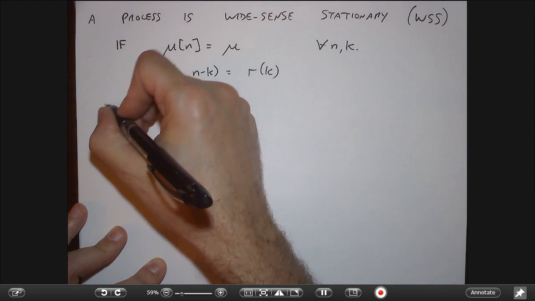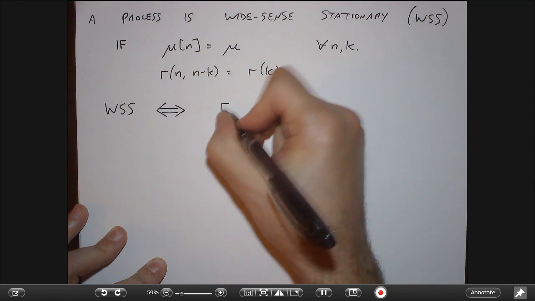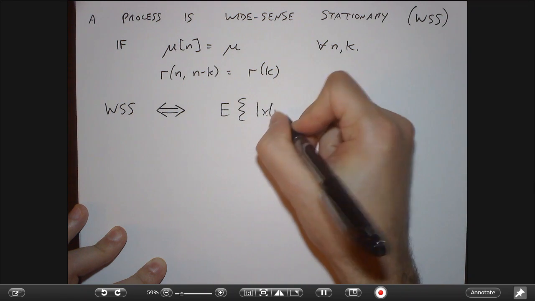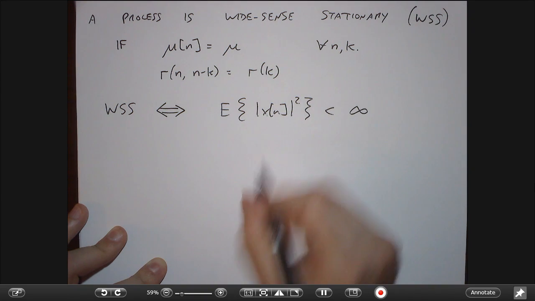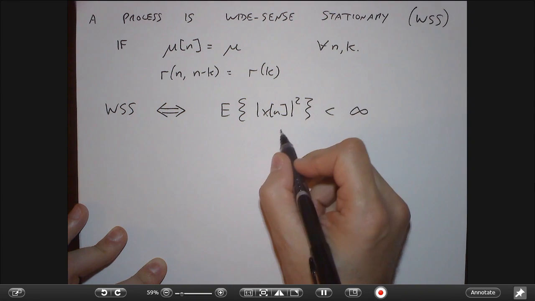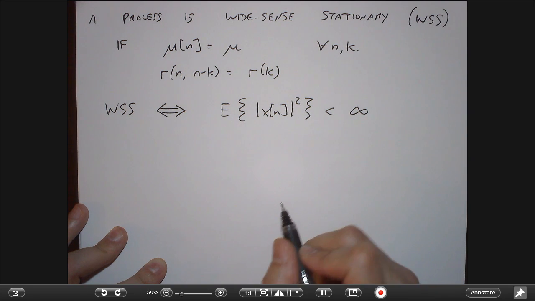And so we can show that a wide sense stationary process satisfies the expected value of the sum of squares is less than infinity, right? This is generally true for most of the signals that we care about. We don't want to have some crazy signals that spike off into infinity.